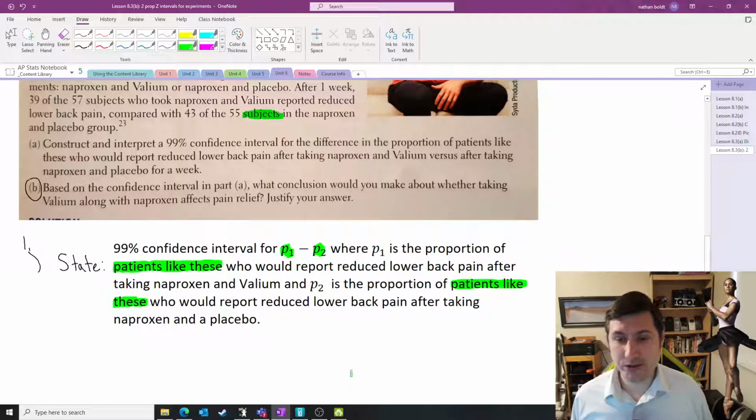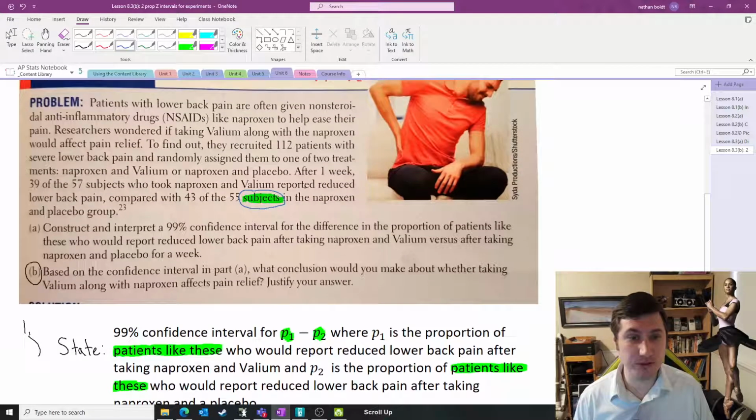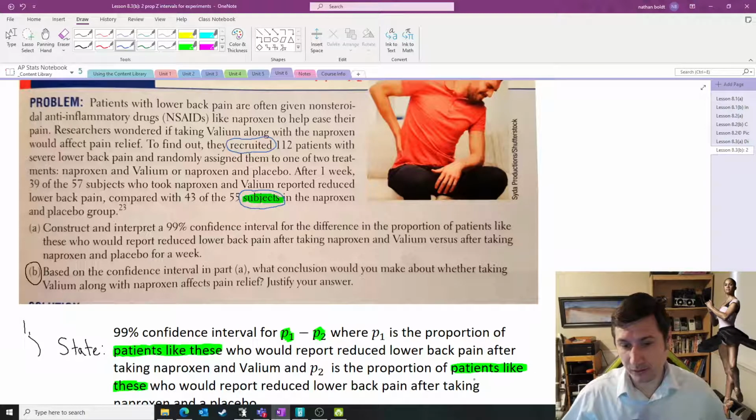It's also important to note the population here is patients like these because we did not randomly select these subjects. These subjects were not randomly selected. Didn't it say recruited? They were recruited. They were not randomly selected, which means we can only generalize the results of this experiment to patients like these.